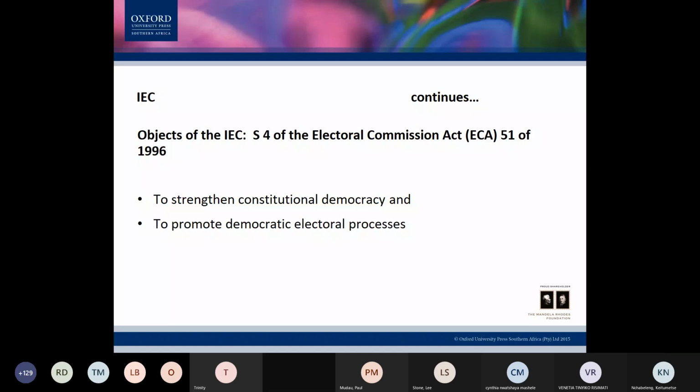What you need to know about the democratic electoral processes is that one of them is civic and voter education, where the IEC, together with the relevant stakeholders, mostly civil society organizations, conduct voter education programs that are meant to encourage voters to participate in electoral processes, in particular elections.